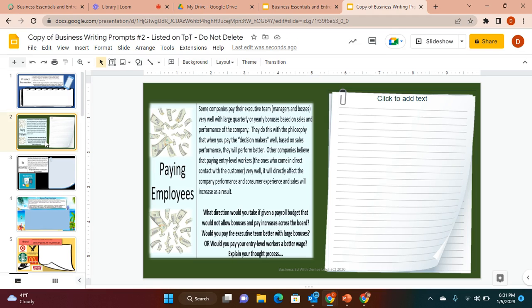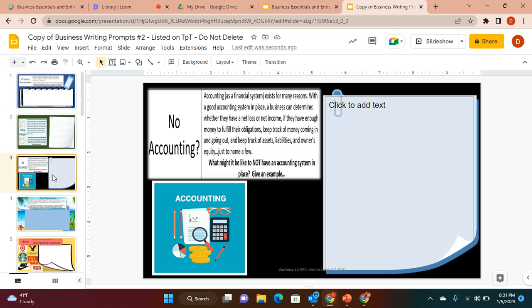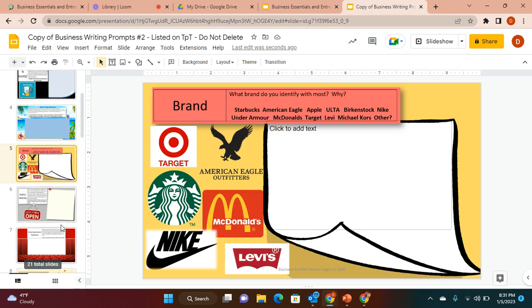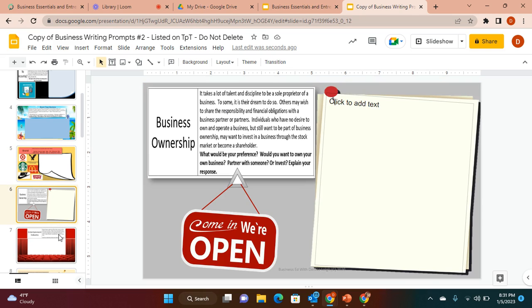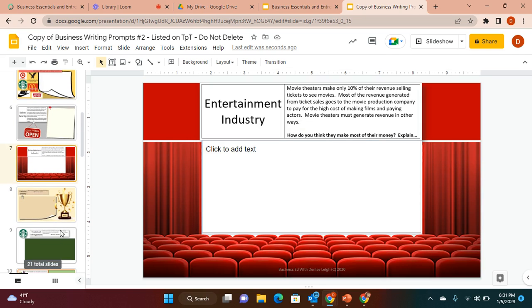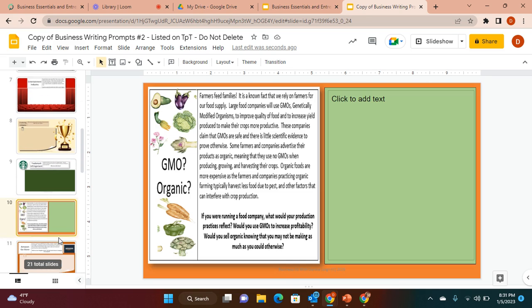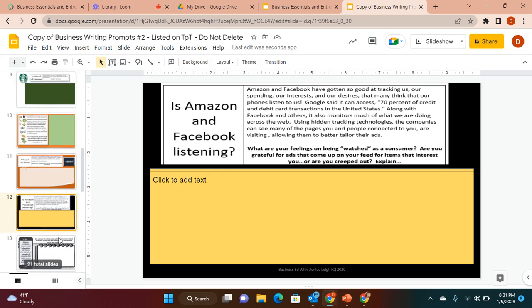Students are prompted to read about paying employees, product promotion, and then respond. Like, what would it be like if there was no accounting? Resort town business, branding. They're prompted about business ownership, entertainment industry, and so forth. But these are all the writing prompts that are in that file as well.